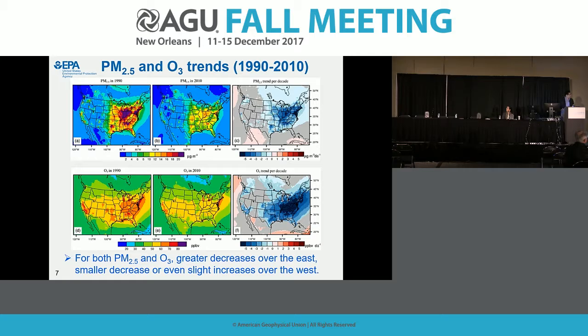The take-home message from this slide is that, looking at the plot on the right, for both PM and ozone, there are greater decreases over the east, and smaller decreases or even slight increases over the west. In the trend figures on the right, the gray colors mean the trend, either decreasing or increasing, is not significant based on the standard two-tailed Student's t-test.